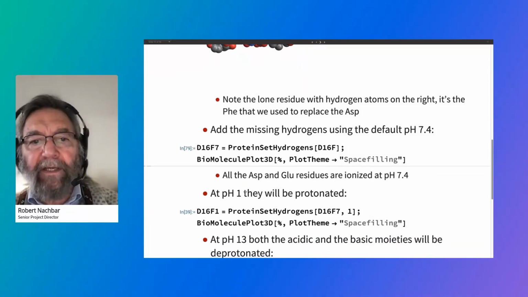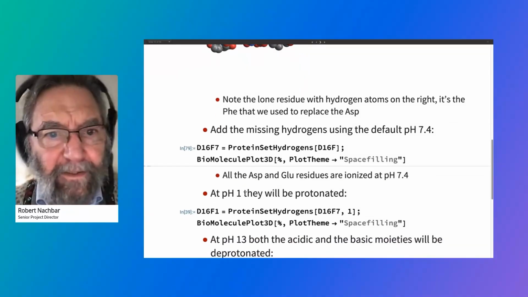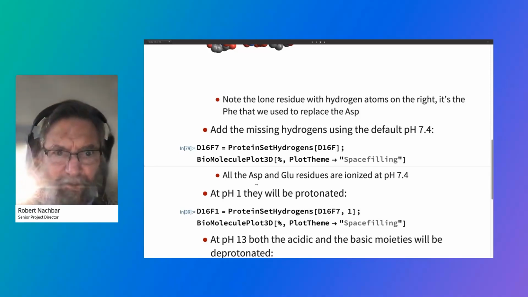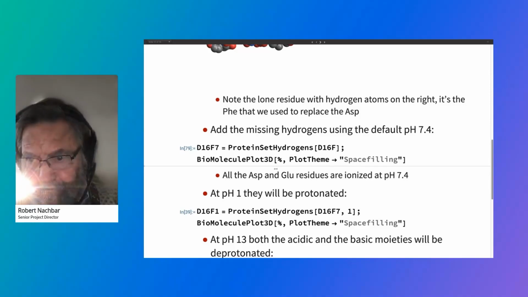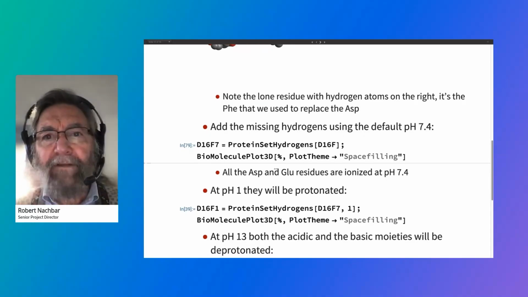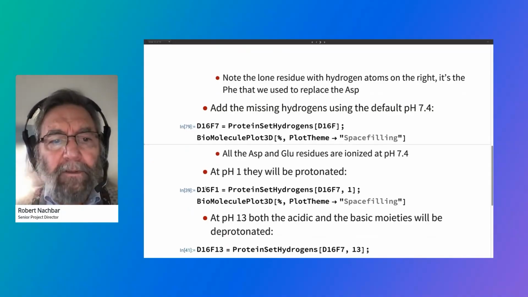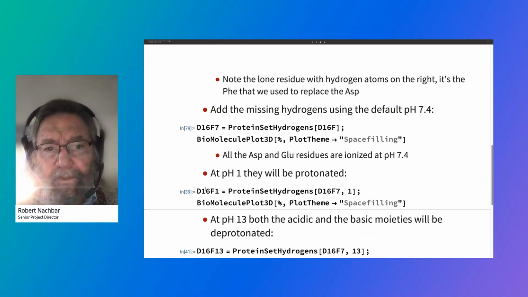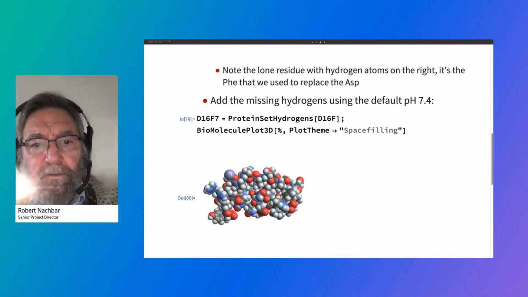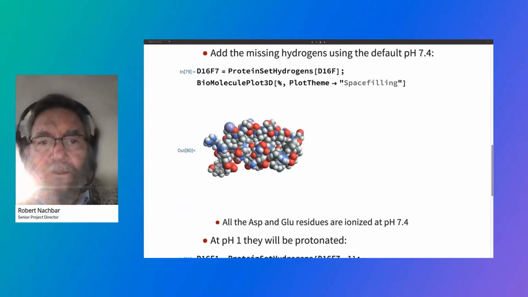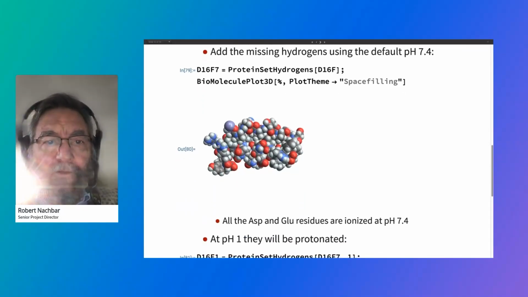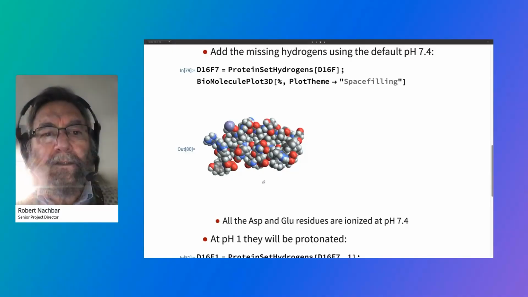Okay, it takes a few seconds to do this. This is the 0th order version of the code, and I've got to work on getting it running faster. Okay, and then we can see what the result looks like here. Here's our phenylalanine again, and now all the other residues are hydrogenated.